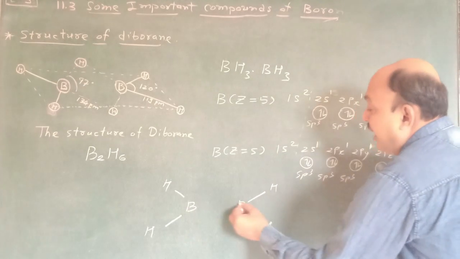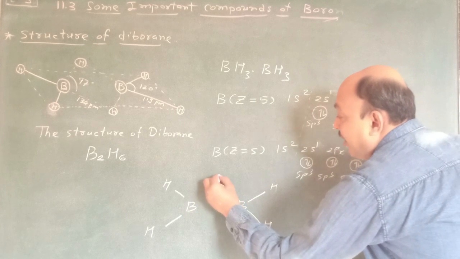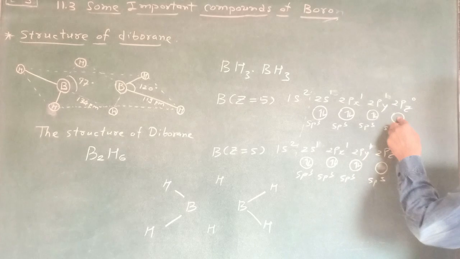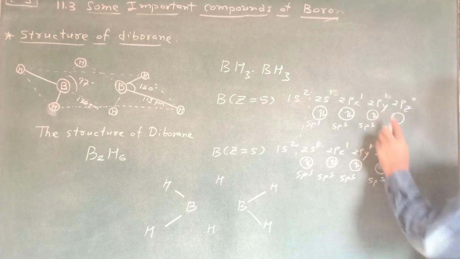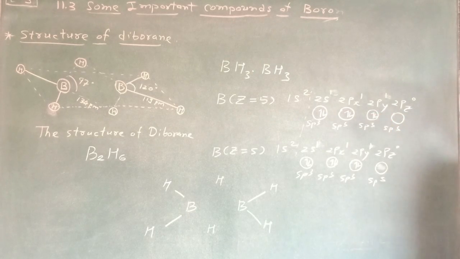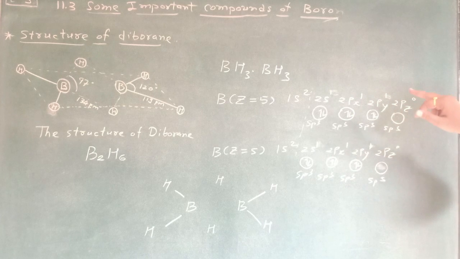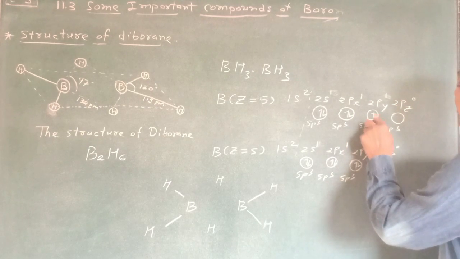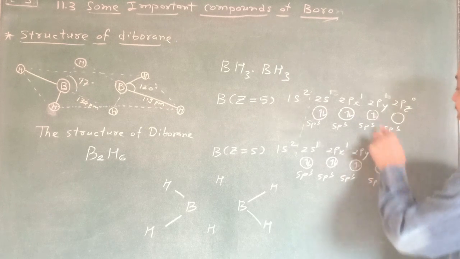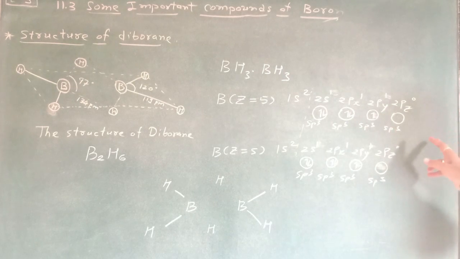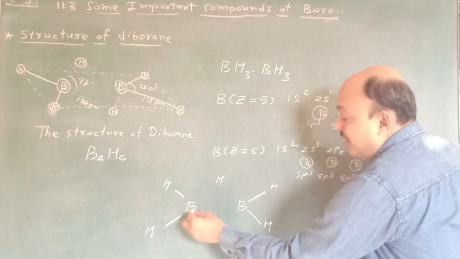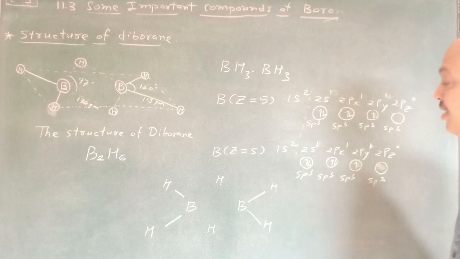But this boron and boron share their electrons with the hydrogen here, that means this boron shares with another hydrogen. So here a different type of construction takes place. The 2 borons share their electrons with the 2py and 2pz orbitals.